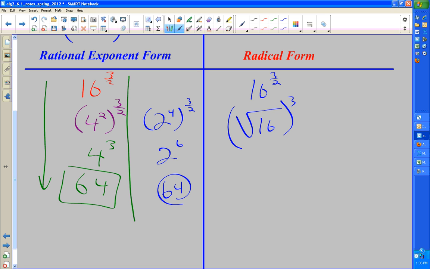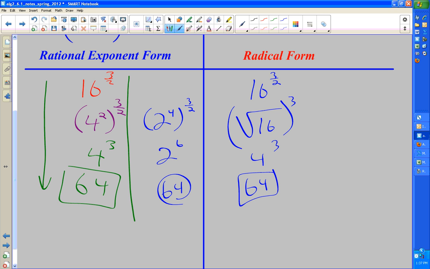Because everybody in the country knows that this means the square root. We don't put a 2 here because we're lazy. This isn't new stuff. You know square roots. What's the square root of 16? 4. Cubed is 4.